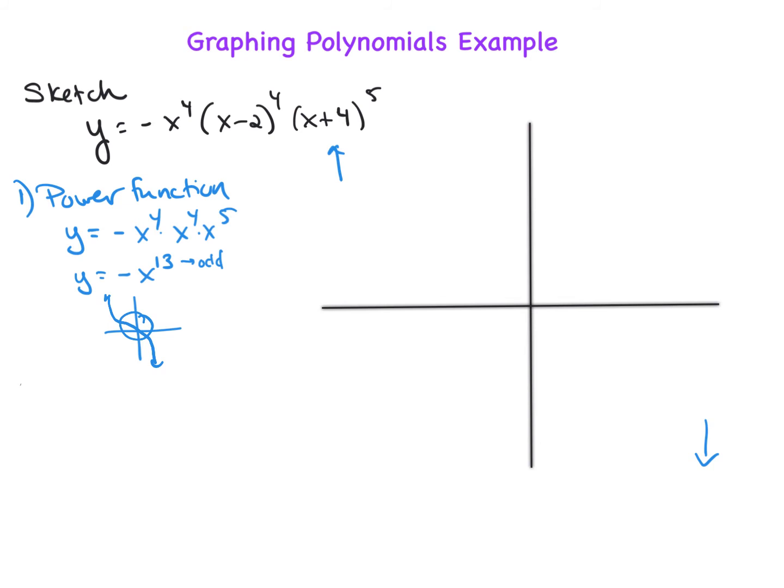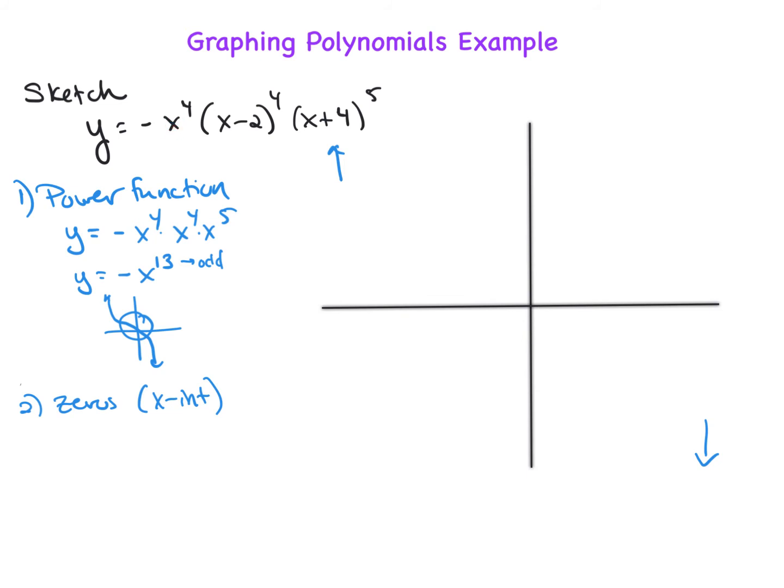Okay, to figure out what happens in the middle, we need to figure out what the zeros are, or the x-intercepts. And we need to examine the multiplicity of each x-intercept and each zero, so that tells us what kind of intercept we have. Do we have a bounce intercept, or do we have a through intercept? So let's look at each one of those. Our first intercept, or zero, will be x equals 0.